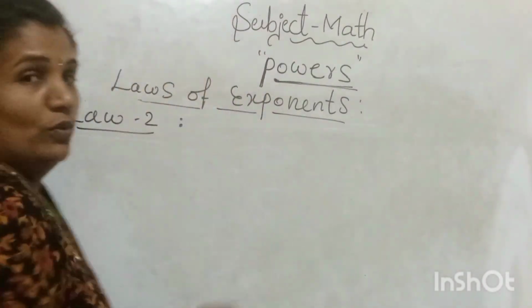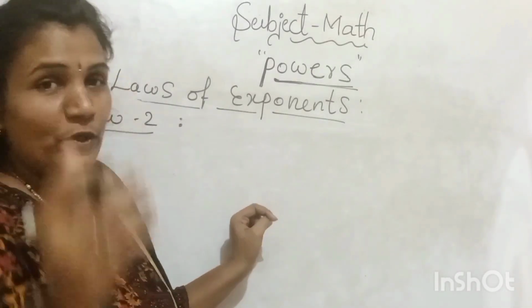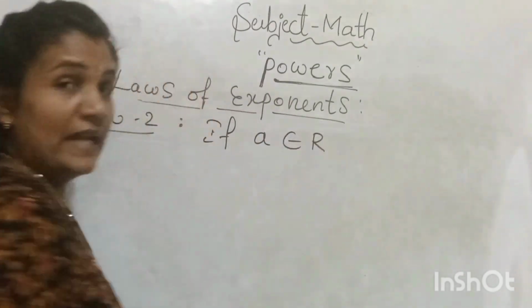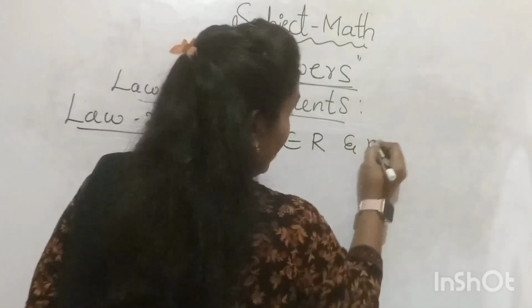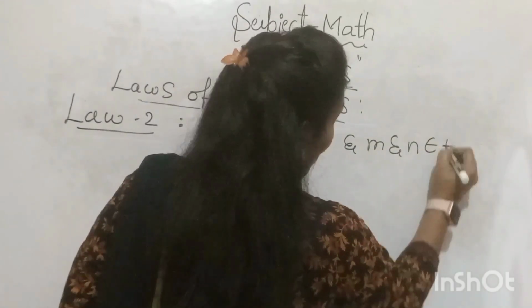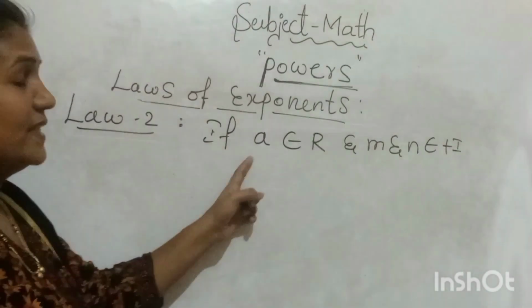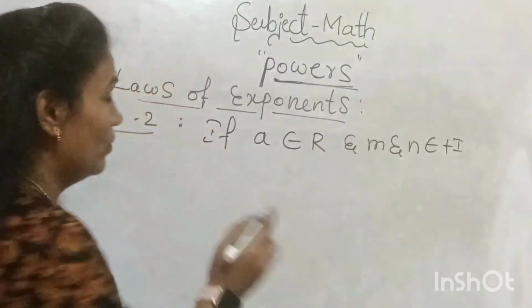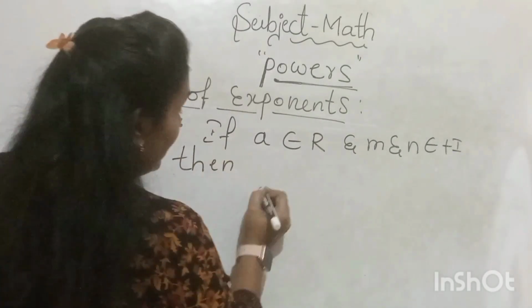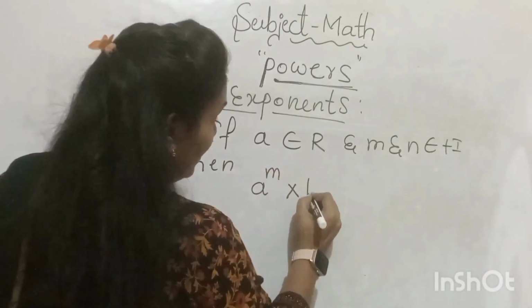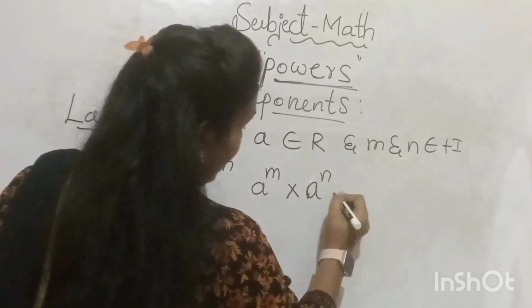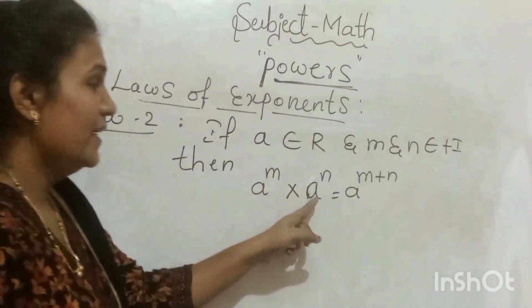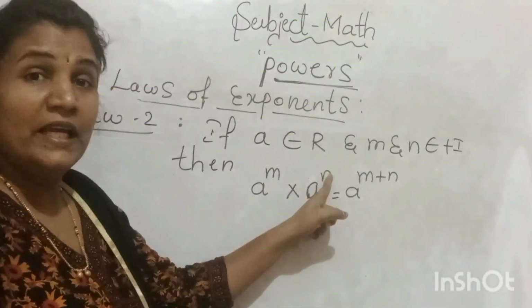Here a is any rational number, and m and n are any positive integers.